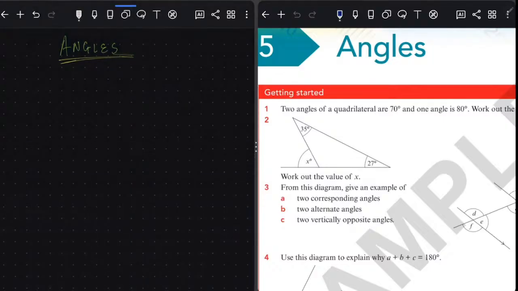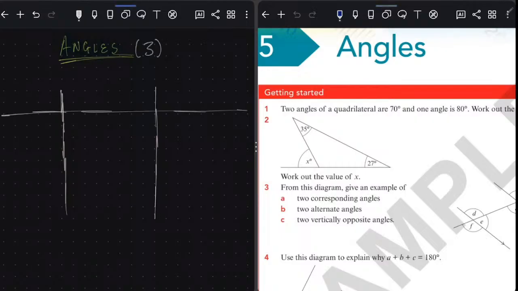On parallel lines, we know that we use how many things? On parallel lines, how many things do we use, Victorson? Yes, three, right? We have alternate, then what do we use again?